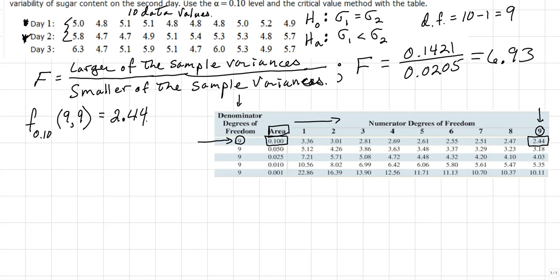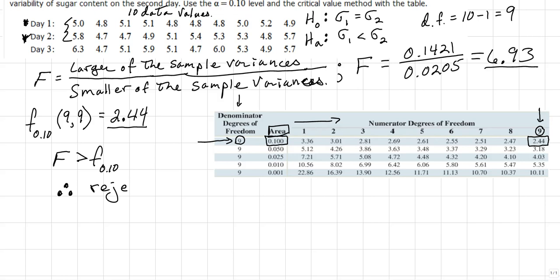And now we are going to compare the F statistic to the critical value. And since big F is equal to 6.93 and little f is equal to 2.44, I note that big F is greater than little f at the significance level of 0.10.